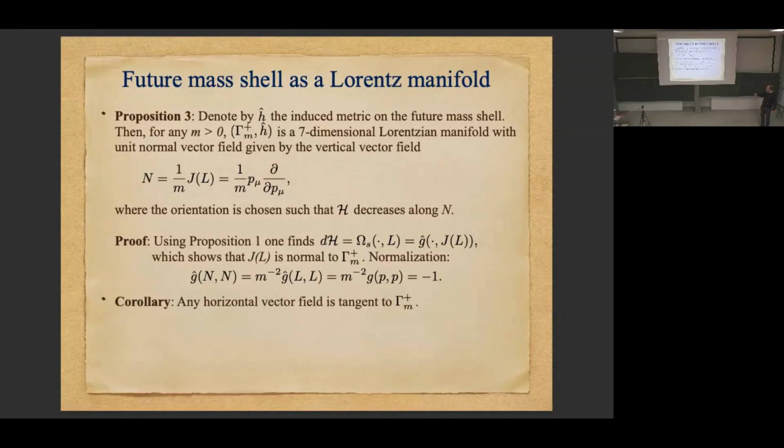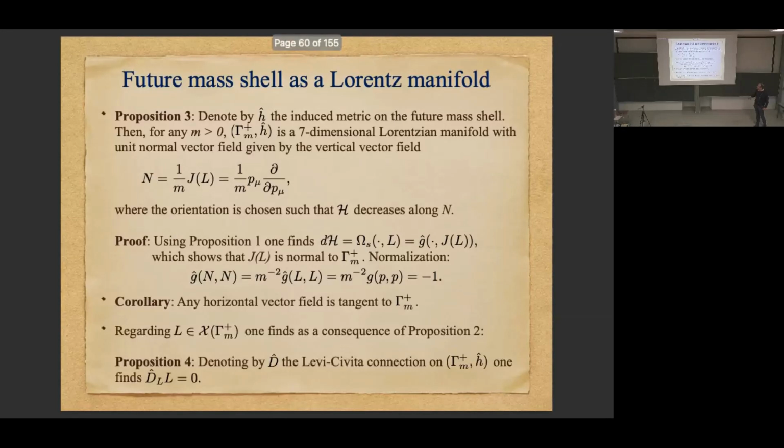A nice corollary is that any horizontal vector field will automatically be tangent to Γ_m^+. Because n is vertical, you see from this expression, any horizontal vector field will be orthogonal to n, and hence tangent to Γ_m^+. In particular, the Liouville vector field, as we already knew.